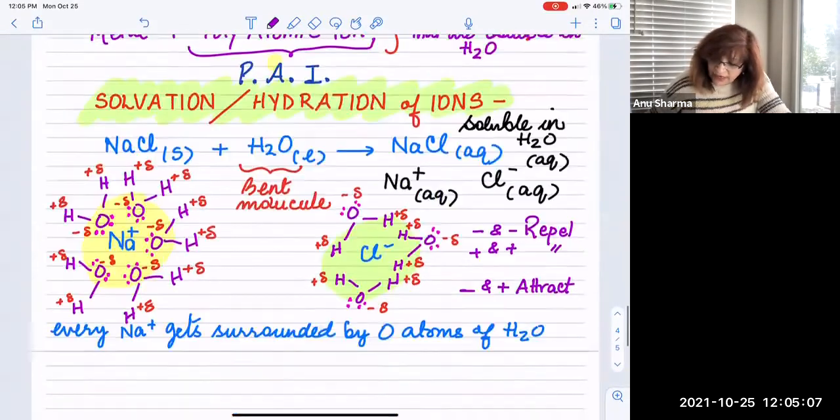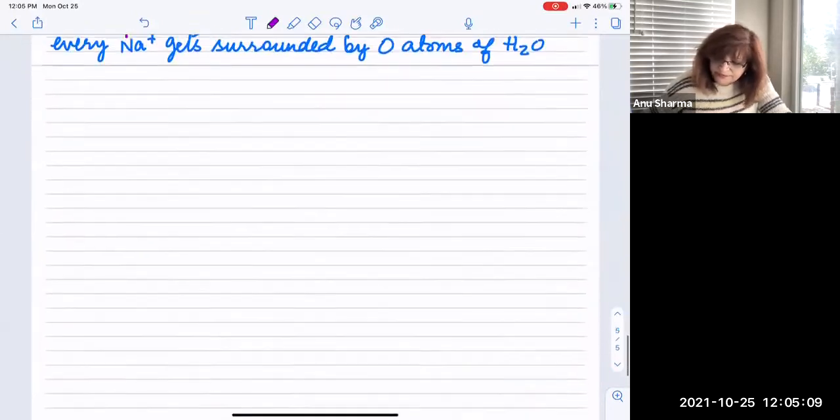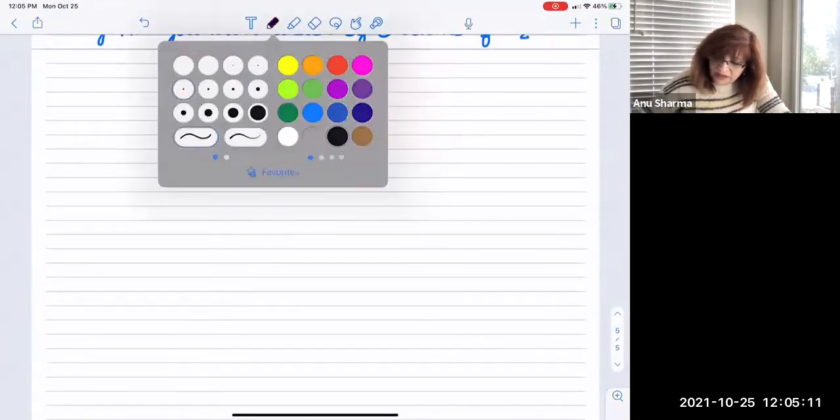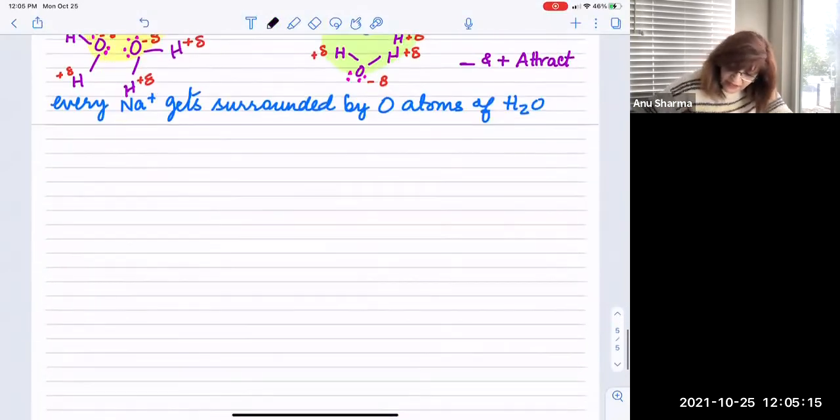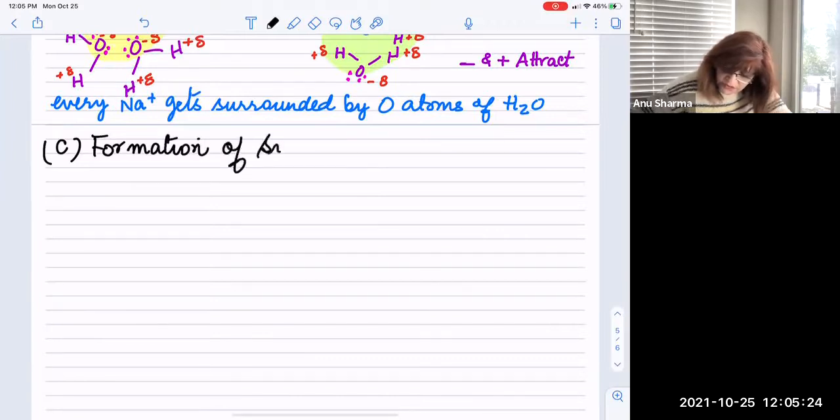Next is, let's look at part B. This was A, B, C. Now we are going to look at the formation of solutions in the case of covalent compounds.